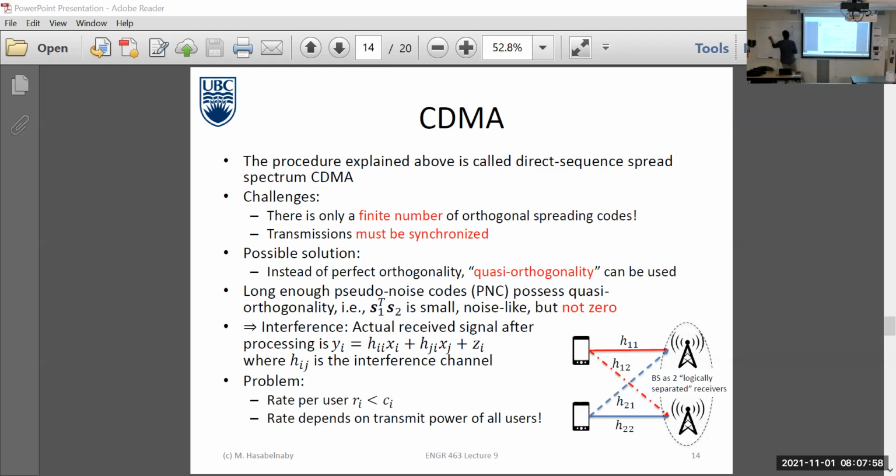So now, at the same time, the base station will receive multiple signals from multiple users. Our goal is to help the base station distinguish between the different received signals. How can the base station do this?